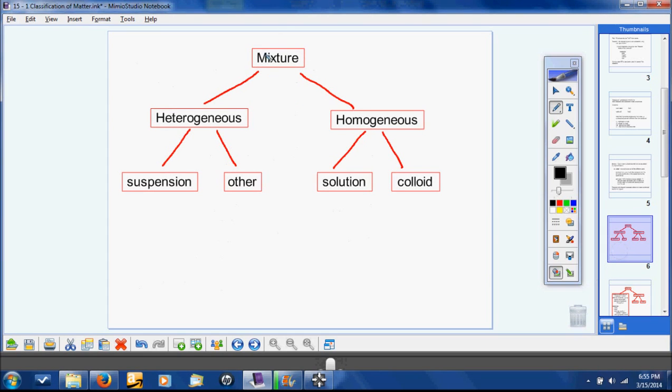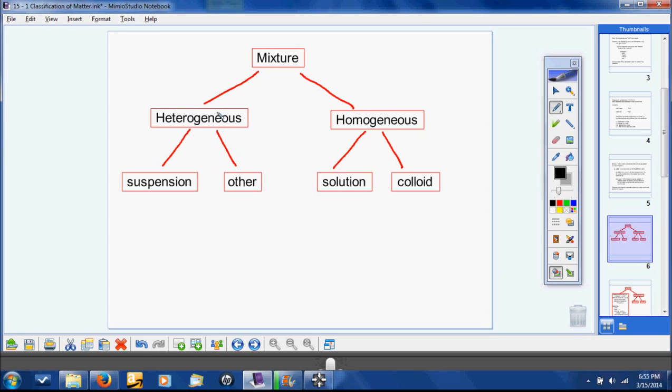We have mixtures. There are two types of mixtures. There's heterogeneous and there's homogeneous. Hetero means different. Homo means same. Heterogeneous, different throughout. Homogeneous, or homogeneous, depending on how you pronounce it, is the same throughout.